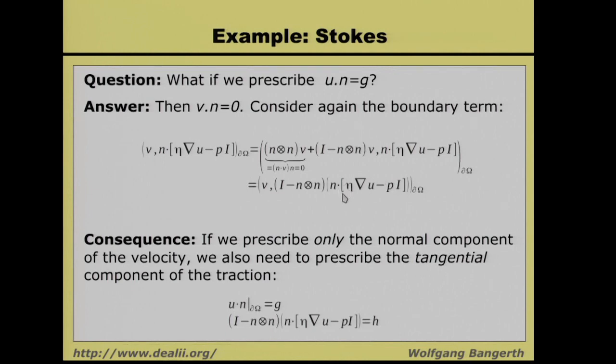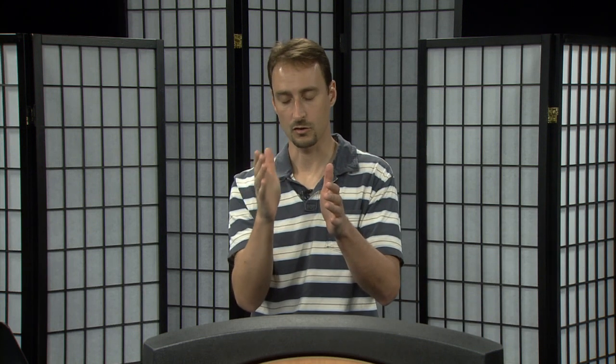And so then the question is, what do I do with this term? So in my weak formulation, I would now have the term grad u grad v, minus div v times p, minus q times div u, plus this particular boundary term that I had here that only involved not the full traction, but I minus n cross n, so the tangential part of it.